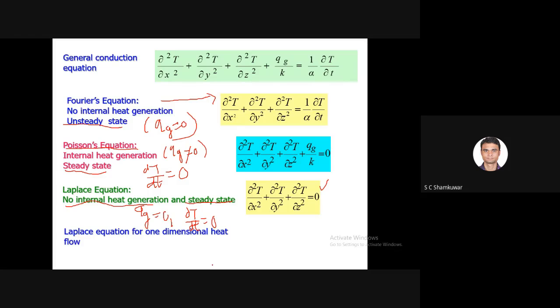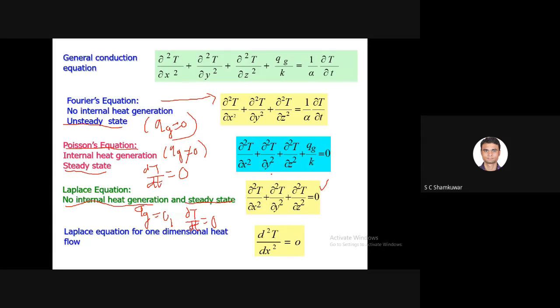And finally, the Laplace equation for one-dimensional heat flow, because in our syllabus we are going to study only one-dimensional flow, either in X, Y, or Z direction. The Laplace equation for one-dimensional flow is d square T by dx square. You can see the del is replaced by d because now it is a complete derivative.